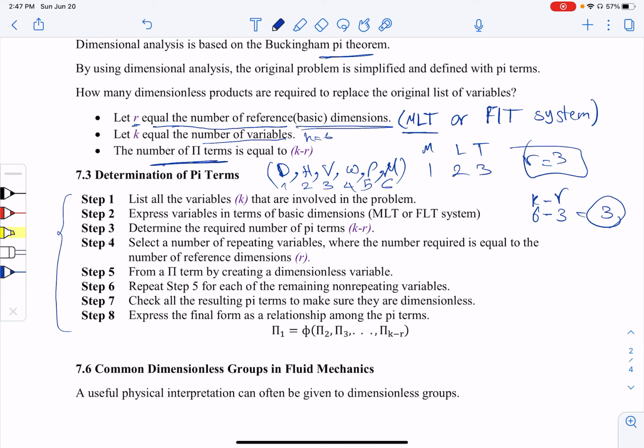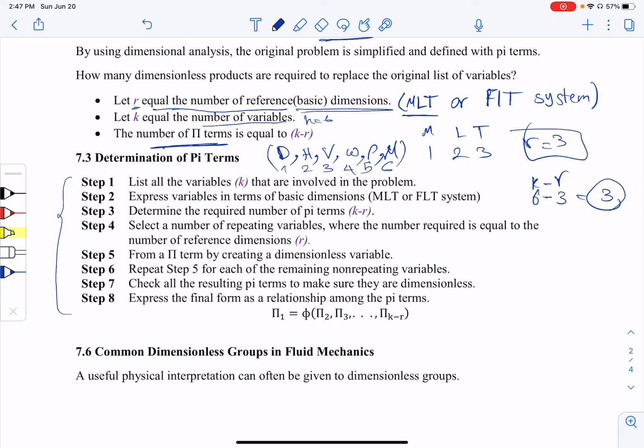Now let's see, if we have a problem, how can we go through it and solve it with dimensional analysis. First we need to list all of our variables, like what I did here, count them, and write it down for K, right? Then express the variables in terms of basic dimensions. Do you want to use MLT or FLT?